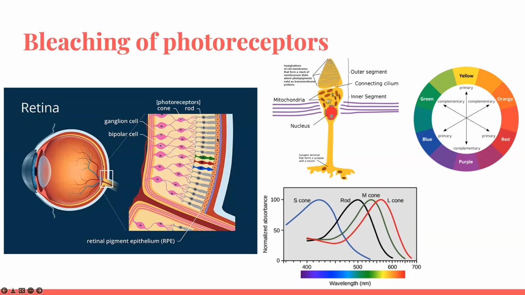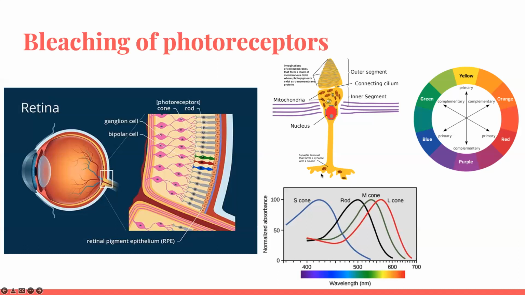And on the retina, there are three types of color photoreceptors that we call cones. Each type is sensitive to a different light range. So for example, the S cone is most sensitive to blue light, the M cone to green light, and the L cone to red light.